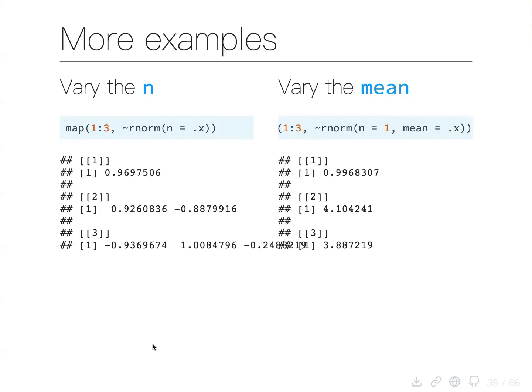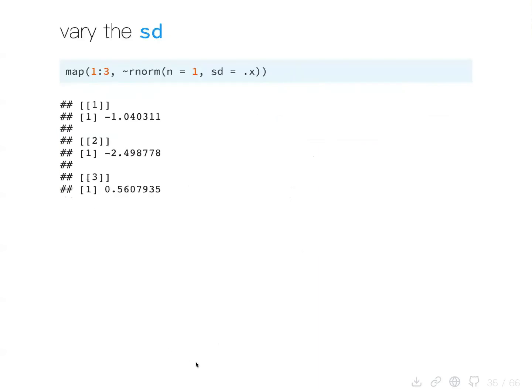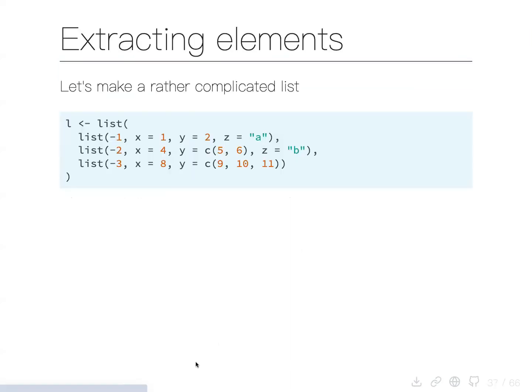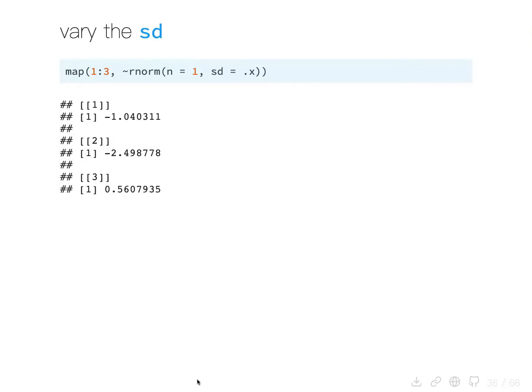Versus the n's here. We could also vary the standard deviation like this, right? n equals 1, sd equals .x.